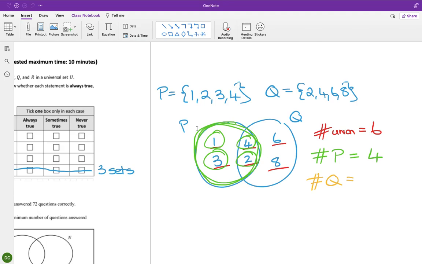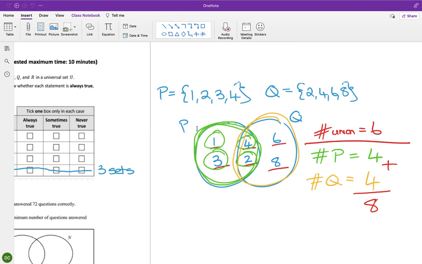It's everything inside the Q circle, which is also 4. So the question wanted us to investigate whether the cardinal number of the union, which is 6, is equal to the cardinal number of P plus the cardinal number of Q. So in this situation, are they equal? Is 6 equal to 4 plus 4? No.